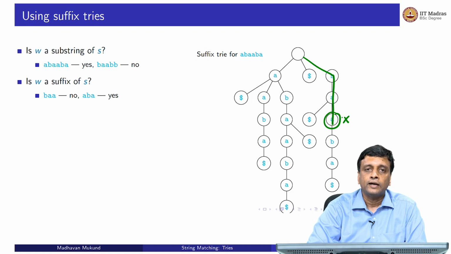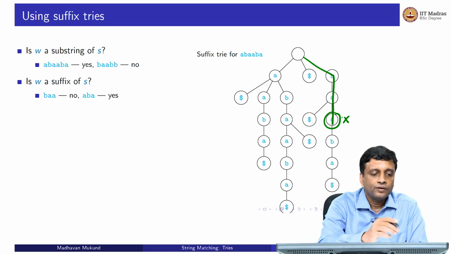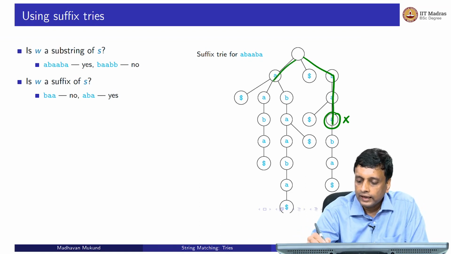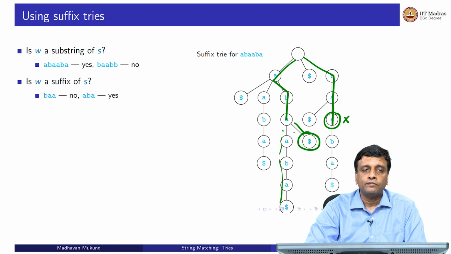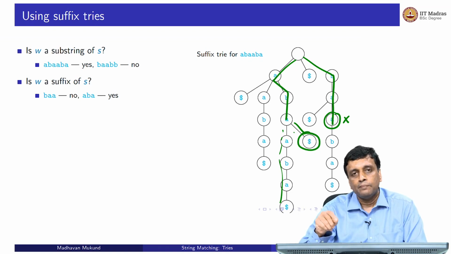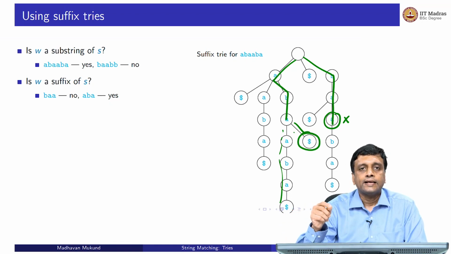So the word cannot end in BAA. Whereas if I do ABA, then though there is an extension down, there is also one way of stopping here, because one of the successors of that ABA node is a dollar. So by looking for a dollar immediately after the match among the successors of the matching node, I can check whether or not this substring is actually a suffix of the string.